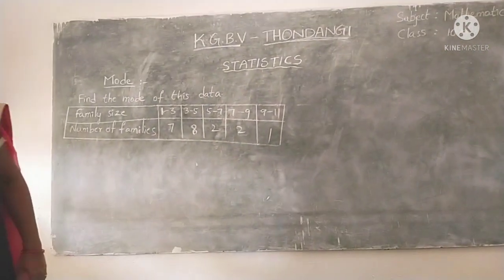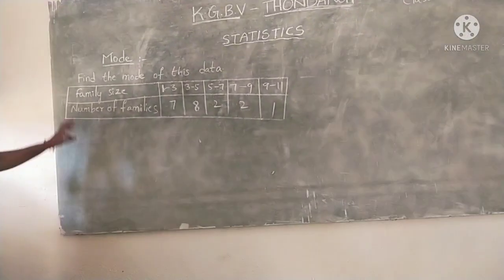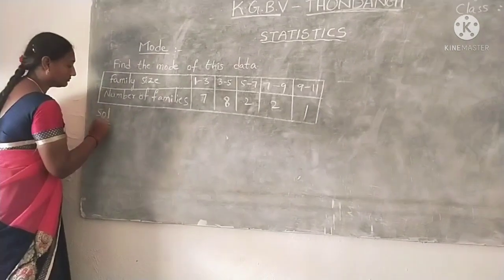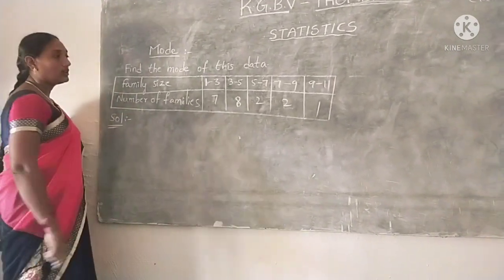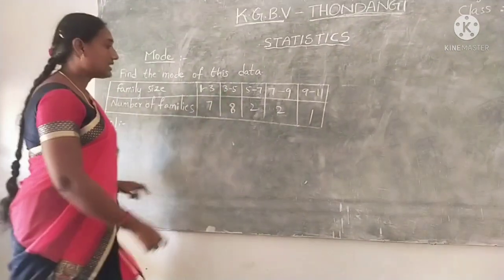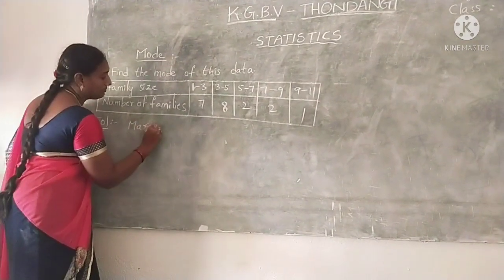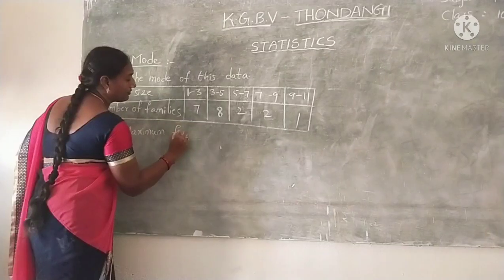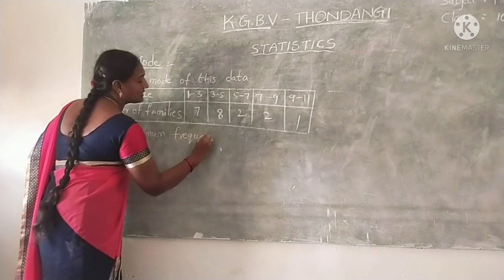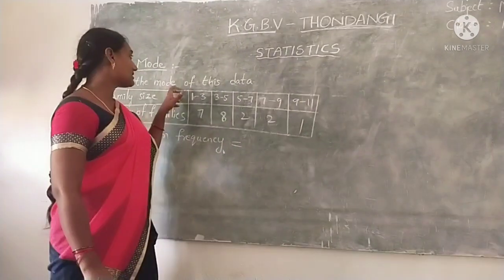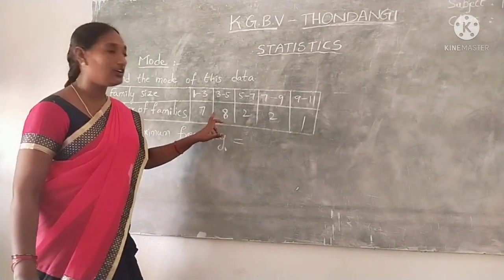Now we find the mode of the given data. What is the maximum frequency here? Maximum frequency. Why? Because mode means the most frequently occurred value.